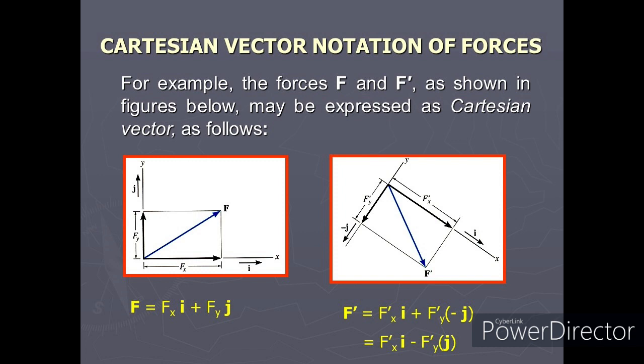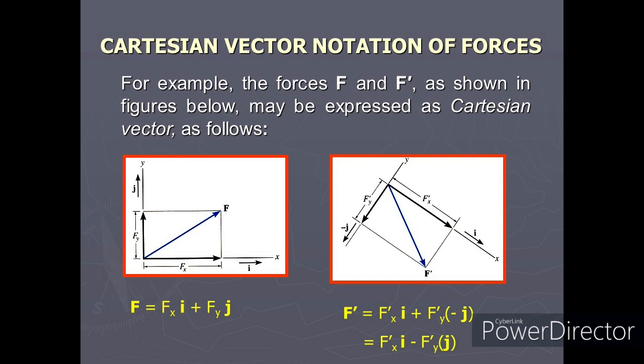Just because you don't have the arrow, no. Or sometimes in writing, we write a cap above it. But sometimes you don't even write anything, because whenever you see ijk, they are vectors. Simple. Whether you indicate or you don't. So more often than not, in writing, we don't even indicate, because once you see ijk, they are vectors, not scalars.